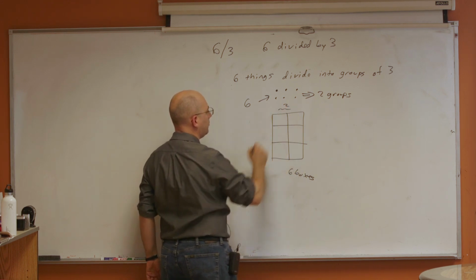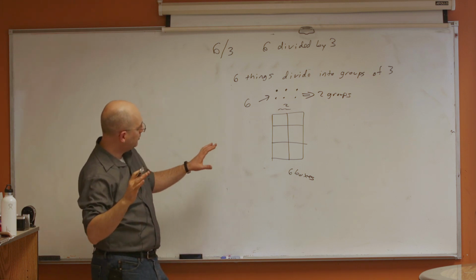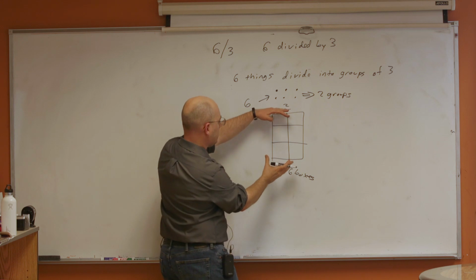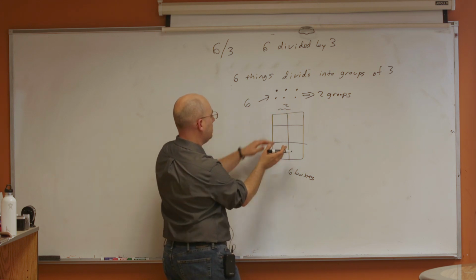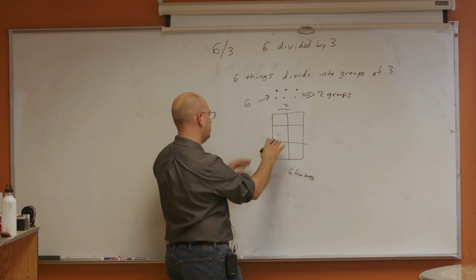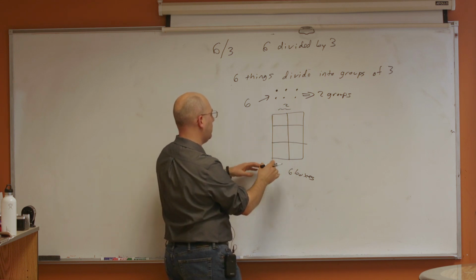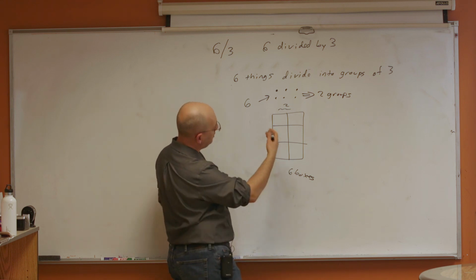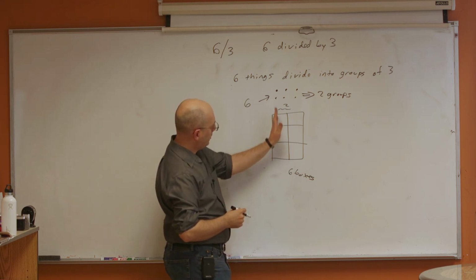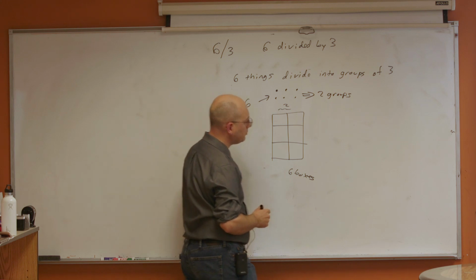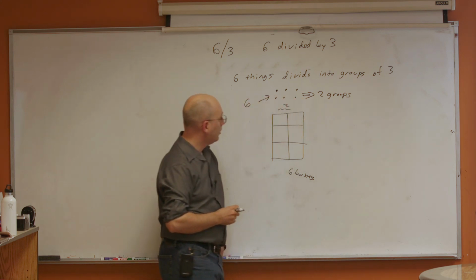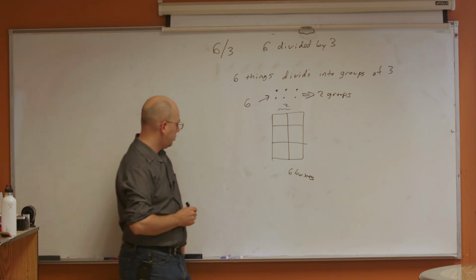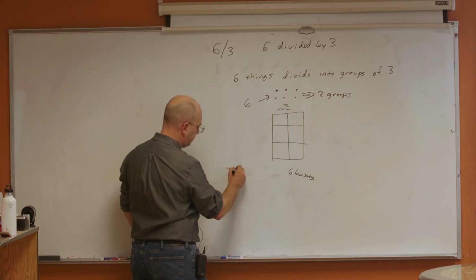So the number of columns created that way would be the answer. I'm dividing this box up into thirds, 3 ways. I want 6 total boxes in the end. And how many columns do I have? All right.